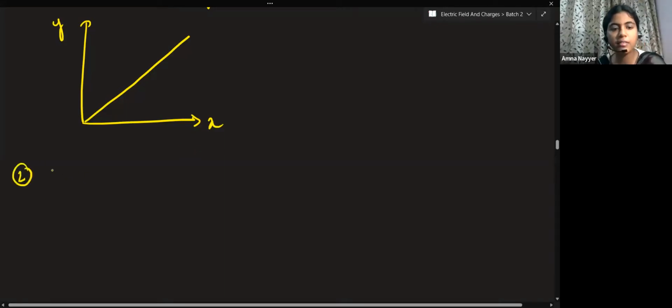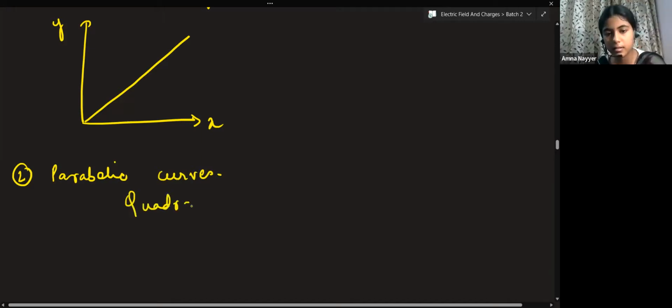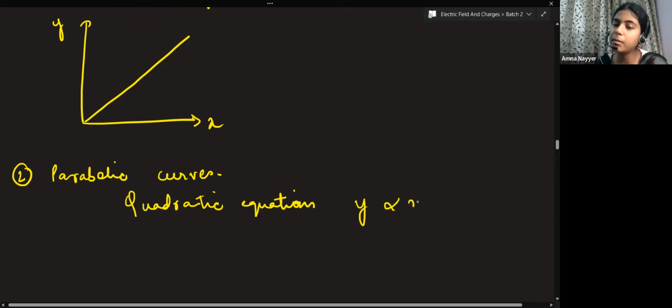Another type of graph that you have are the parabolic curves. This is valid for quadratic equations. Quadratic equations means y will still be proportional to x, but now the power of x won't be 1, it will be 2.